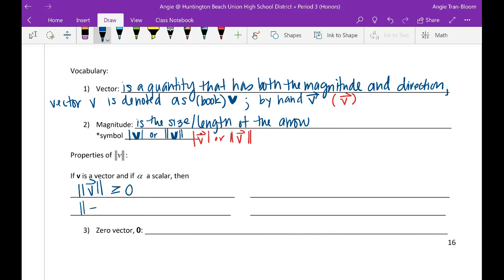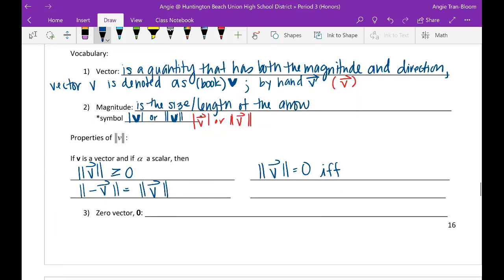The magnitude of a negative vector V is exactly the same as the magnitude of a positive vector V. Magnitude of vector V is equal to 0 if and only if, okay, so IFF means if and only if, vector V itself is 0.